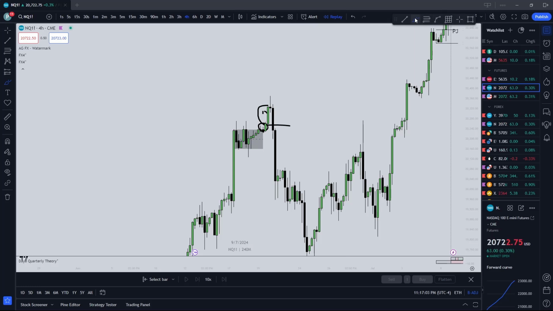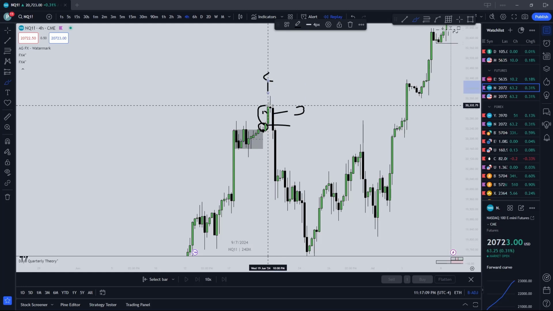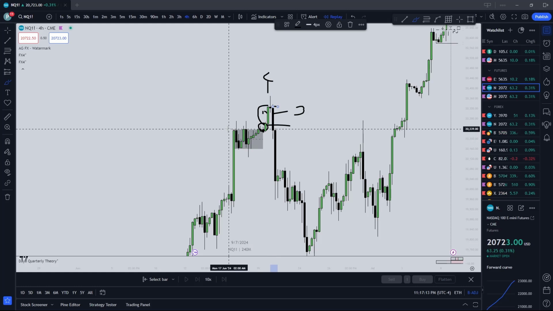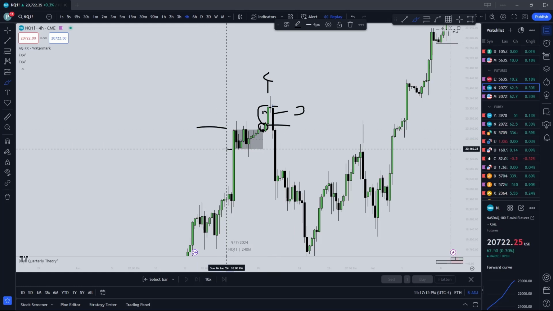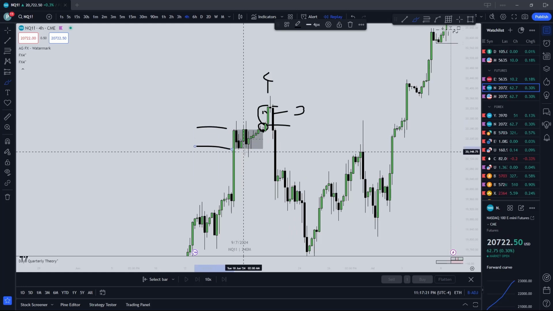That's your number 1, and this is your number 2 candle, and this is your number 3 with this one, and then number 2, and we close back within the range. We also see our accumulation range here of our candle bodies, and we keep closing within the range, not breaking any highs or lows.